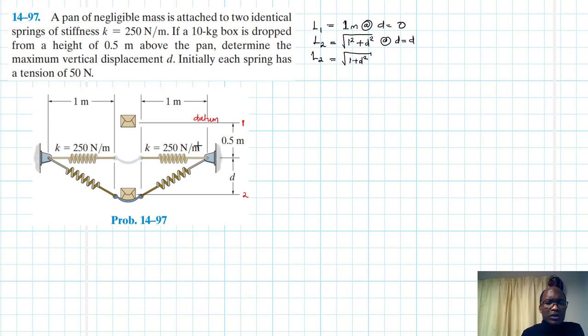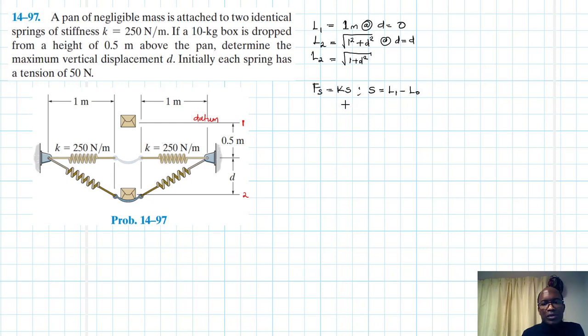What else? Let's find what L naught is. So Fs is equal to K S, where our S is just equal to L1 minus L naught.